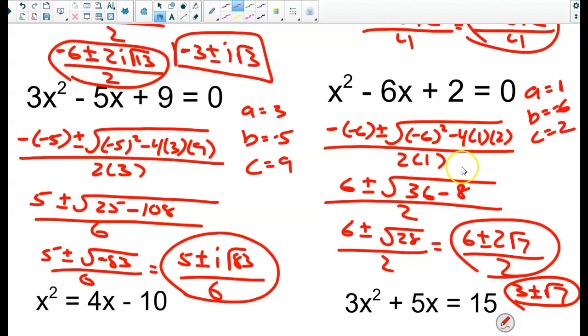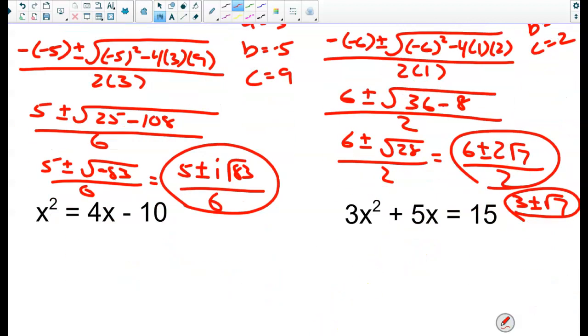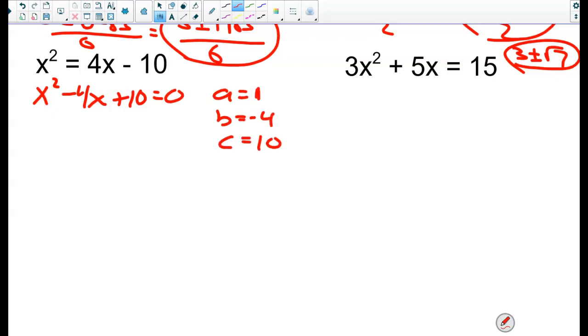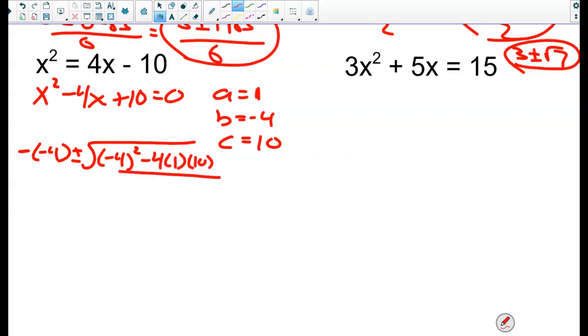Either answer applies. The bottom two here, it's important you set them equal to 0 first. It's x squared minus 4x plus 10 equals 0. Then I set my A, my B, and my C. And then from there, negative, negative 4 plus or minus the square root of negative 4 squared minus 4 times 1 times 10 over 2 times 1.